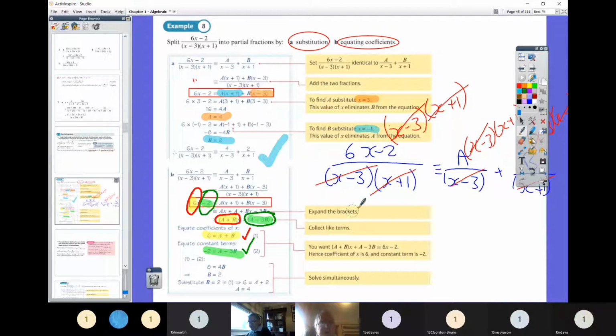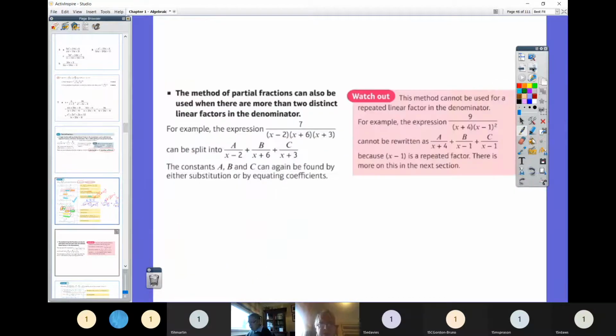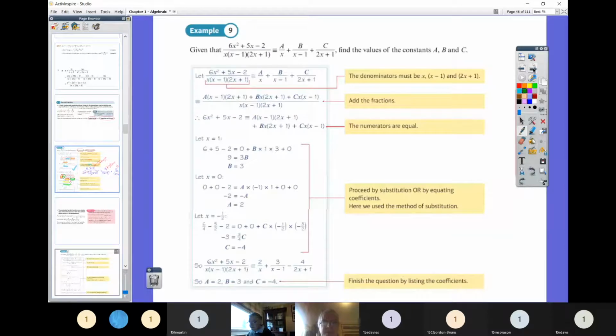I don't see the need for more examples. We're just saying here that if we've got 3 components on the bottom, then you can break it down into a plus b plus c. It's just a bit more of the same. There's an example there.